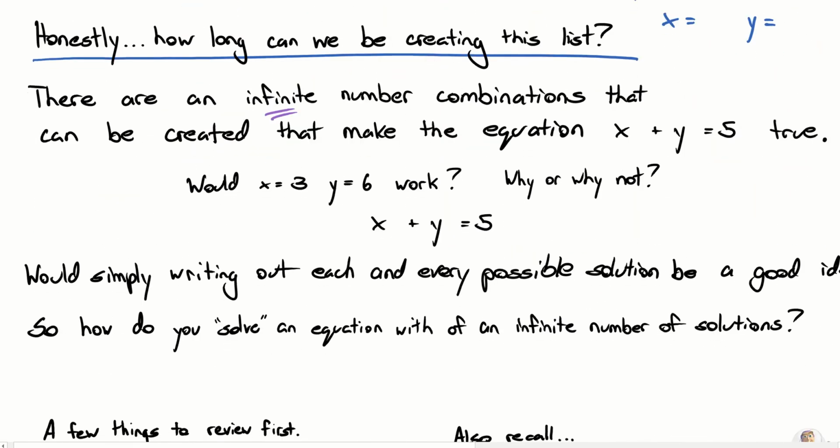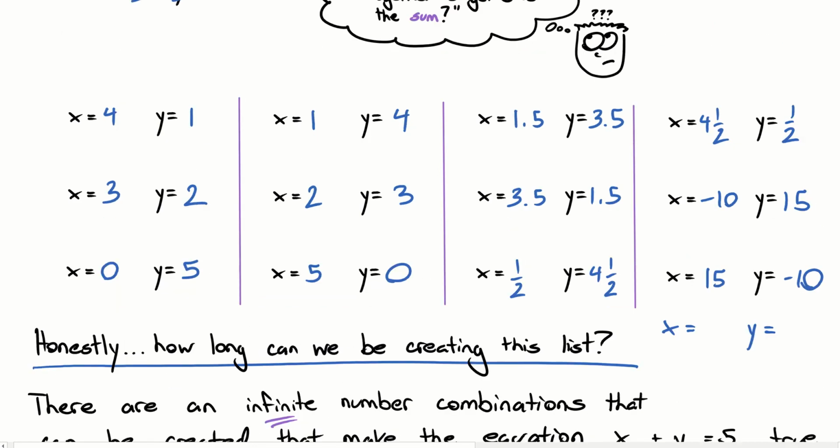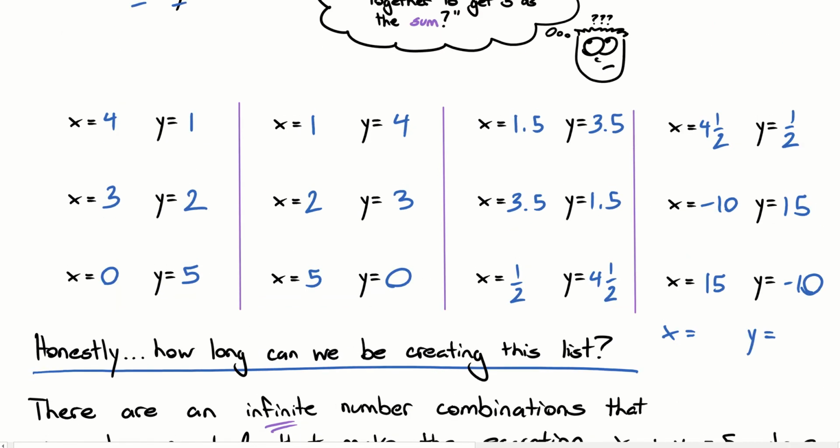Well, seriously, there's an infinite number of combinations, which I hope you realized earlier on, that can be created that would make the equation x plus y is equal to 5 true. I mean, we just listed out barely any of them, if you think about it. If there's an infinite number of solutions, then the ones we've listed right here, we've barely begun the list. Even though we have a bunch of them right here.